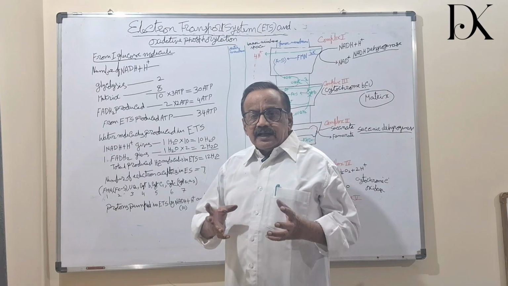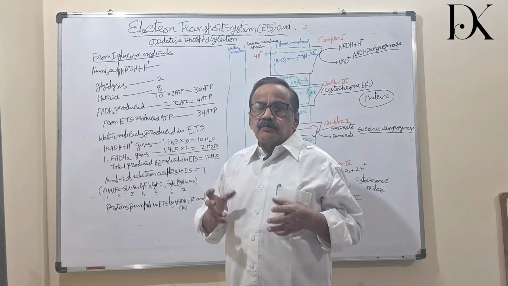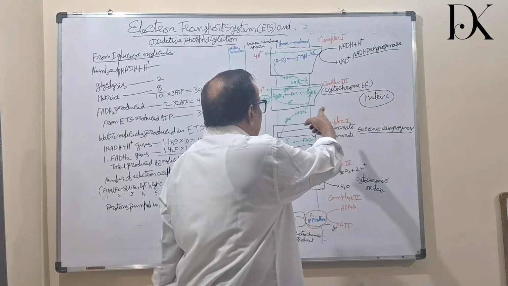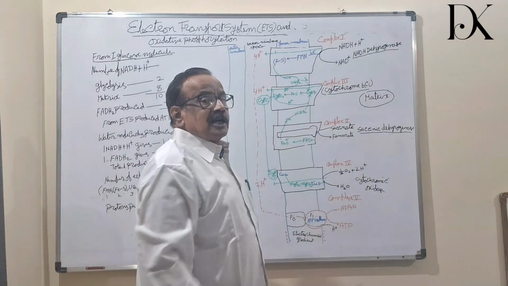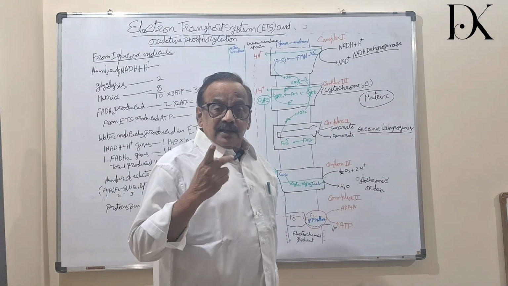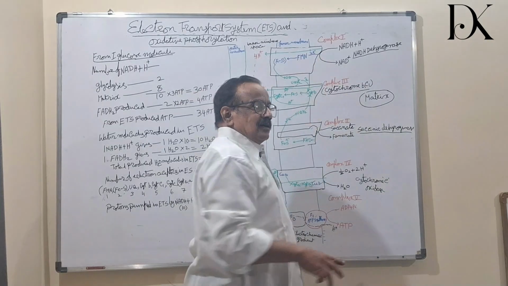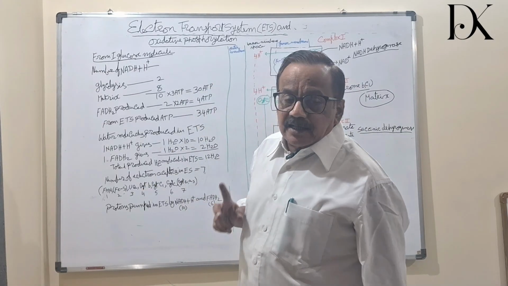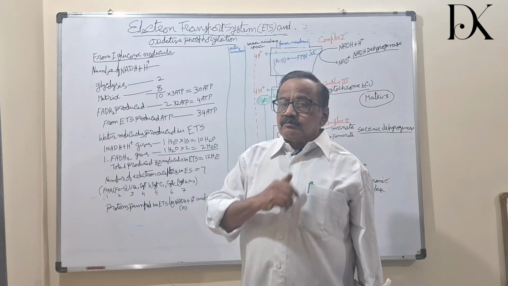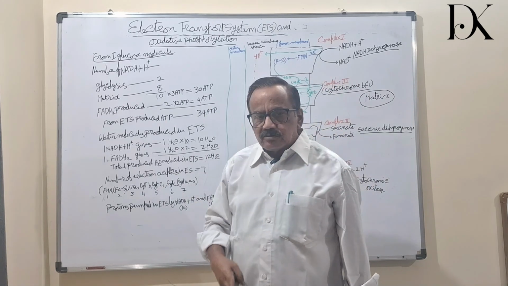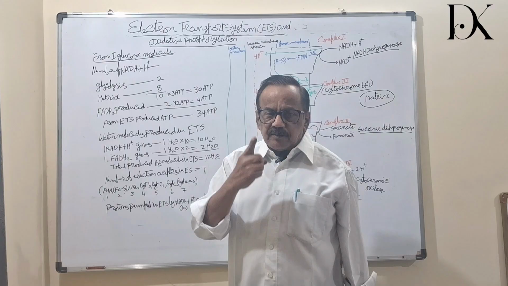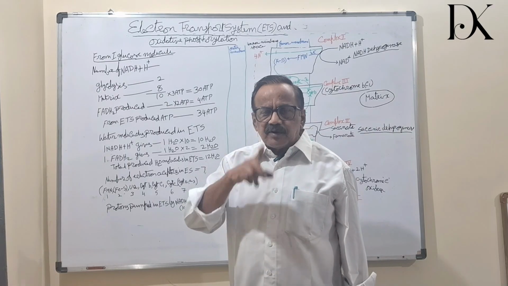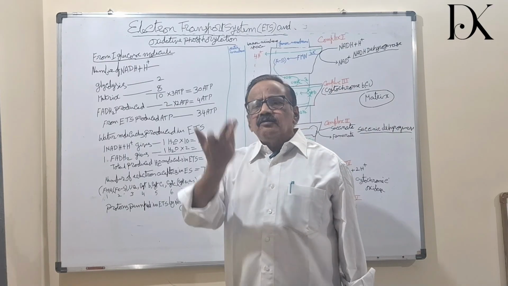Now how many NADH will participate in the electron transport system? It is 10. And how many FADH2 will be produced? 2. 1 in the Krebs cycle from 1 pyruvic acid, so 2 from 2 pyruvic acids.